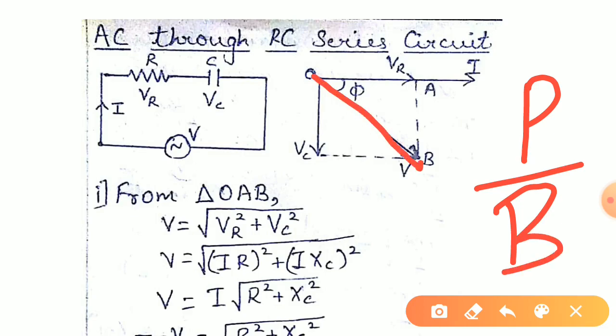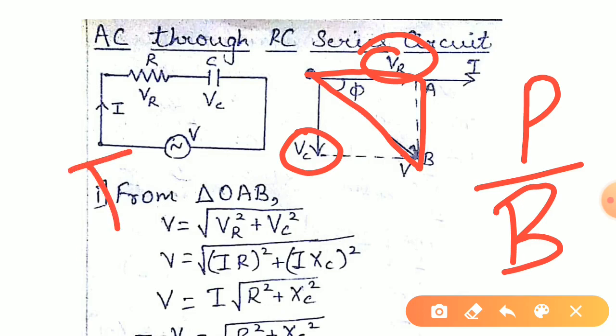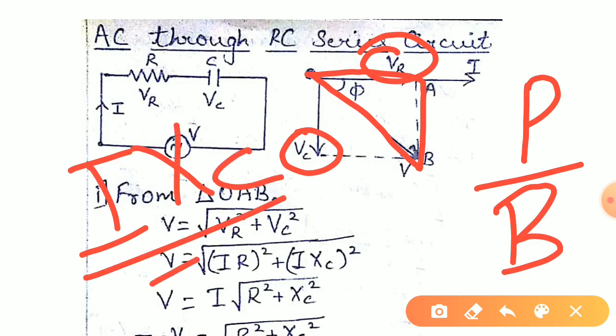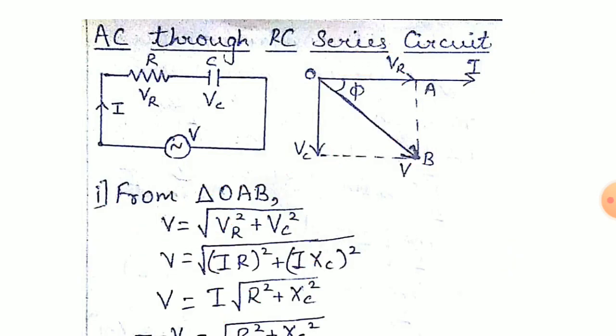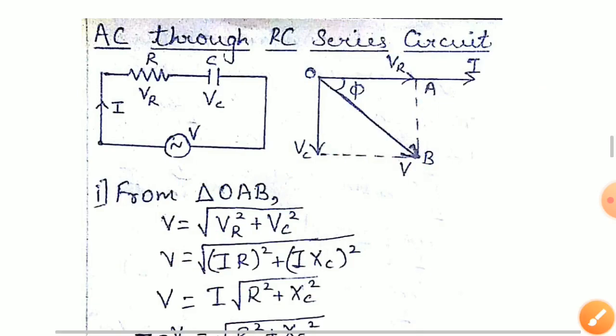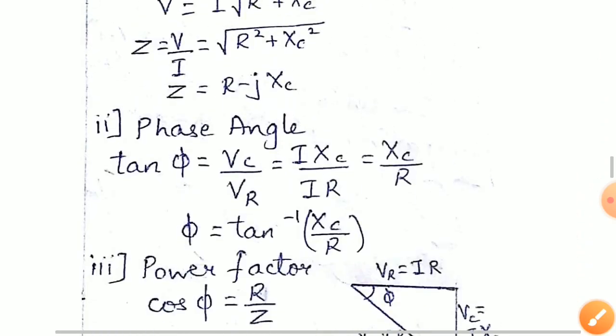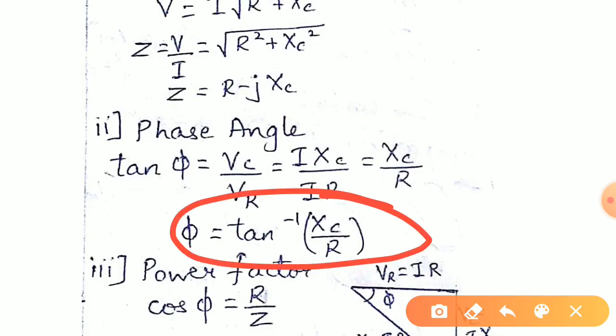So from this right angle triangle, perpendicular is VC and base is VR. Tan phi is equal to VC by VR. VC is IXC and VR is IR. I gets cancelled out and we have tan phi as XC by R, and we can find phi as tan inverse of XC by R.